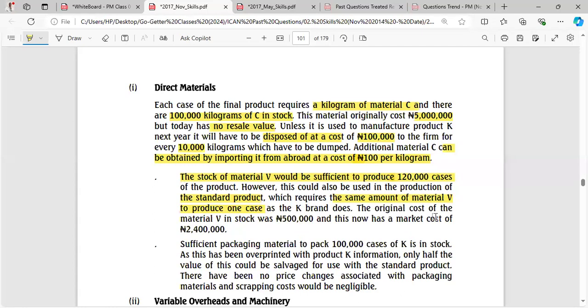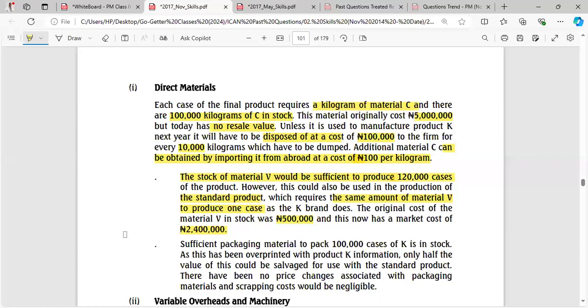The original cost of material V in stock was 500,000. This is not relevant. It now has a market value of 2,400,000. So 2,400,000 is the market value. Okay. So what we are asking is, is the material available in stock?